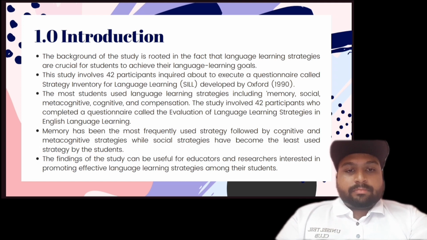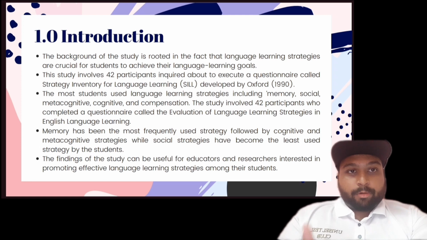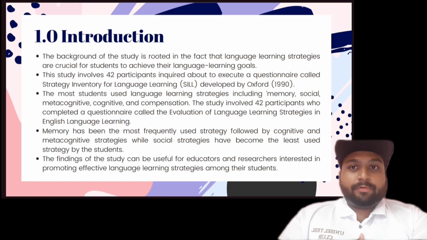The findings of this study can be useful for educators and researchers who are interested in promoting effective language learning strategies among their students. This could really help them to use proper language learning strategies for their further classes.